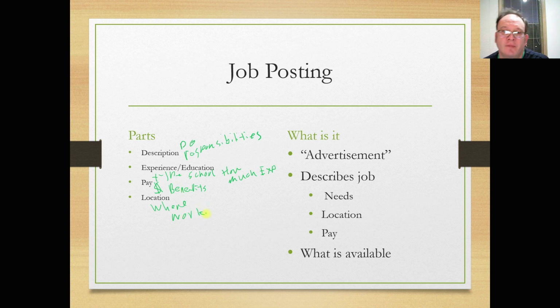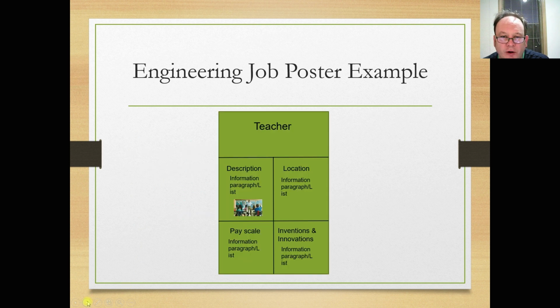So as part of this assignment, the assignment is going to be creating a job poster, and you're going to have 5 parts to this job poster. I'm going to switch my pen here to a different color to make it easier to read. I really don't care how you organize your poster, but it should be organized where you talk about the 4 things plus an extra one.